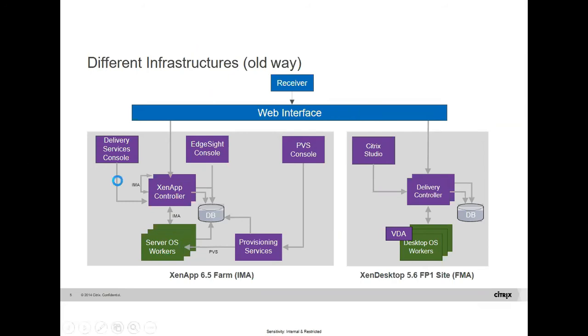And the monitoring part was managed by Citrix EdgeSight in 6.5. And if you talk about the legacy version of Citrix Zen Desktop 5.6, it was also working on FMA only. So it has a delivery controller, and you can call it DDC, Citrix Desktop Delivery Controller, and Citrix Studio.